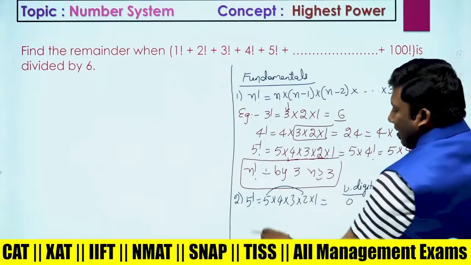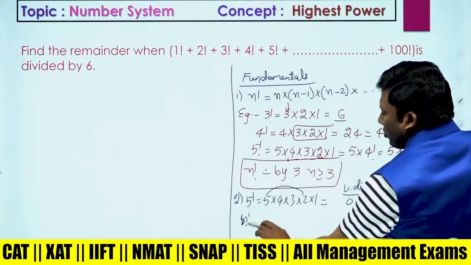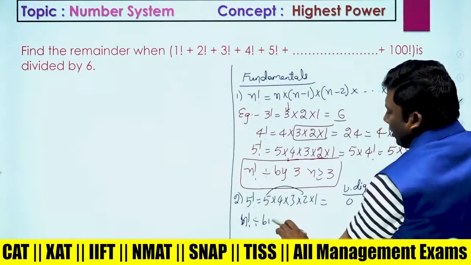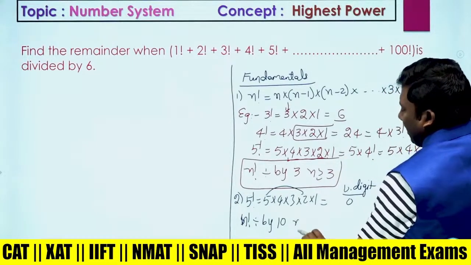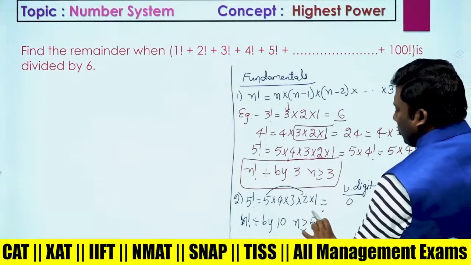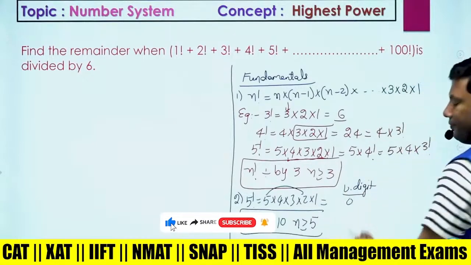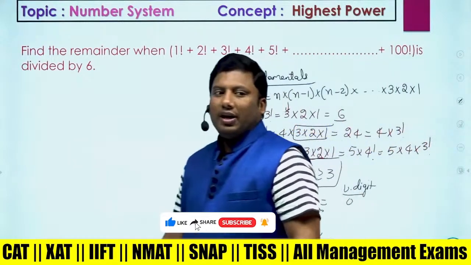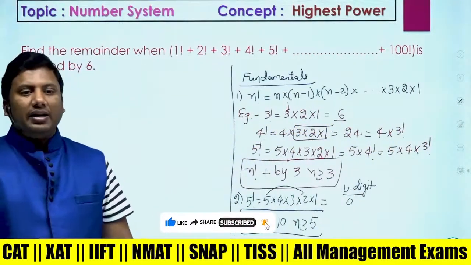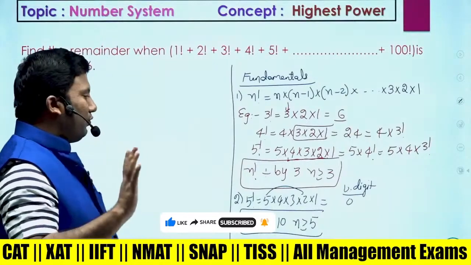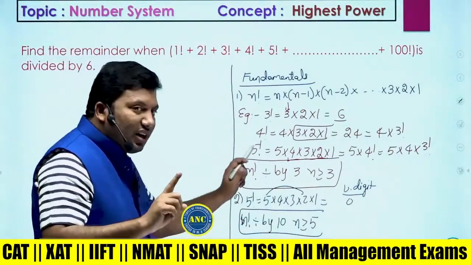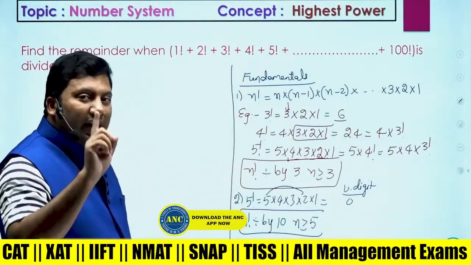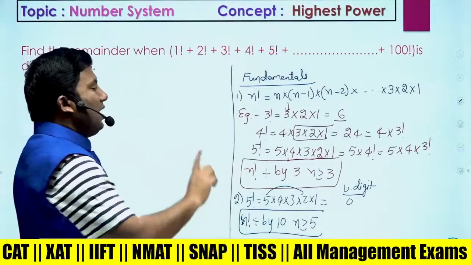That means from 5 factorial onwards, n factorial is always divisible by 10, for n greater than or equal to 5. Make a note of it. I will come back to each and every key point by taking some very, very good questions.